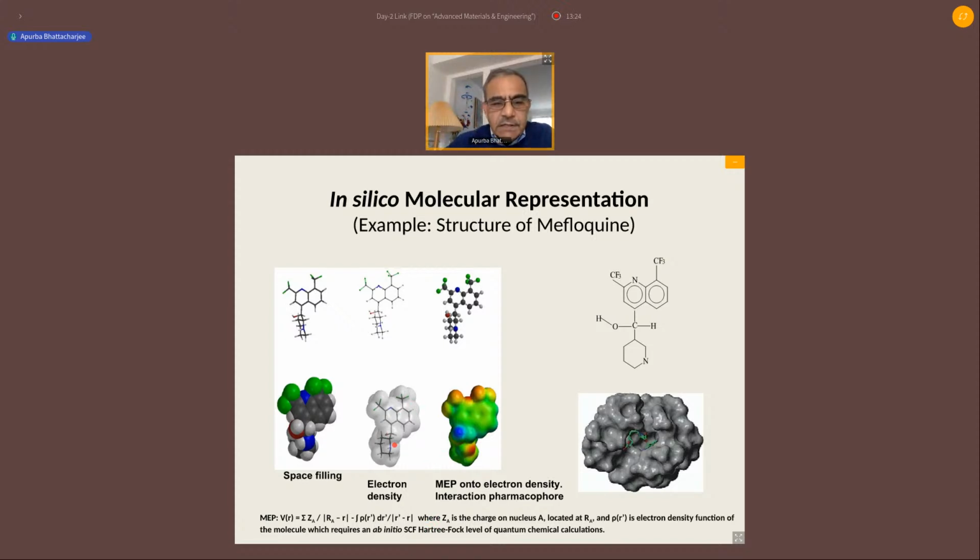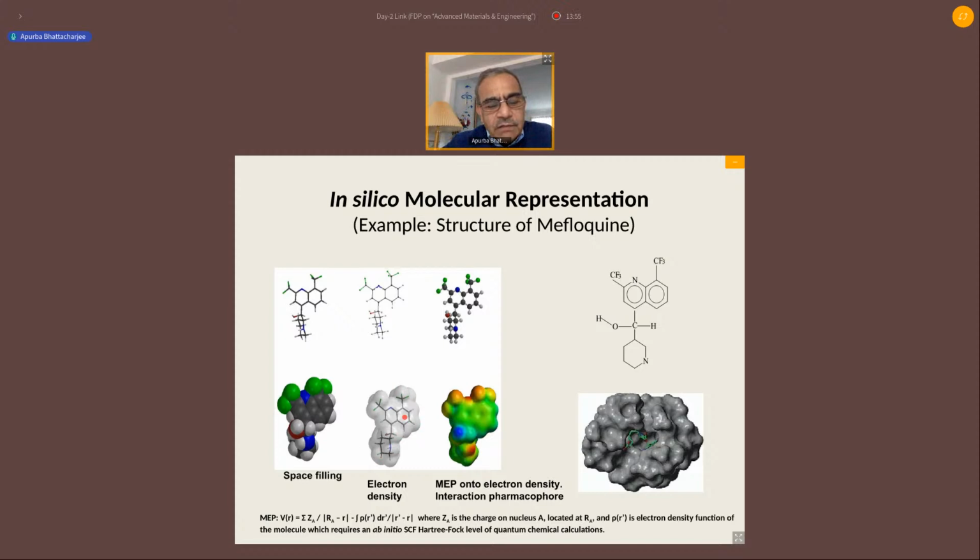Here I try to explain this part a little. When we bring a positive charge near this electron density surface, just imagine a hydrogen ion, a proton, brought to the proximity of this molecule, it will experience a different kind of interaction in different regions of the molecule.